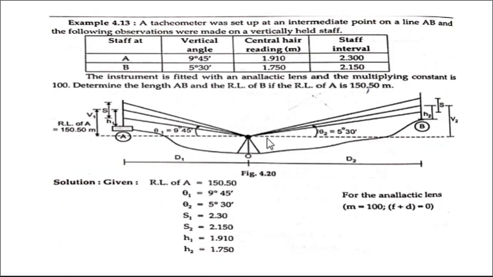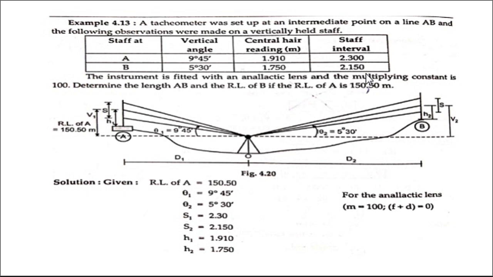Another numerical. A tacheometer was set up at an intermediate point on a line AB, and the following observations were made on a vertically held staff. Okay, so these are the staff positions, this is the vertical angle, these are the central hair readings, and this is the staff intercept they have given.